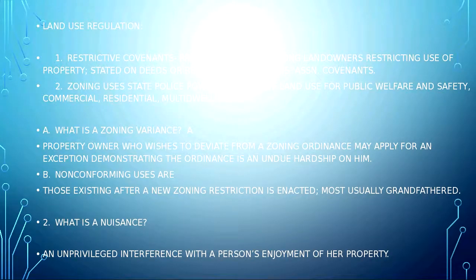For example, my restrictive covenant says that I can't have more than 3 trees on the property. I can't have a garden. I can't have a storage unit. I can't have trailers. There are like 6 pages of restrictive covenants that go with the deeds to everybody who lives on the golf course. So you're on notice of this, of course, when you purchase the property, what the restrictions are for its use.